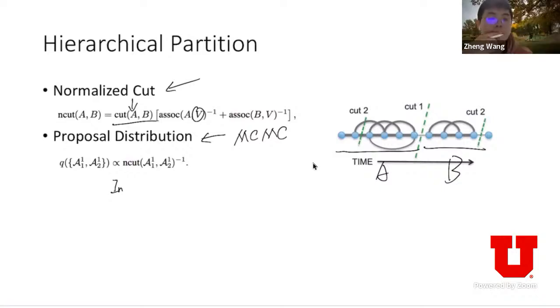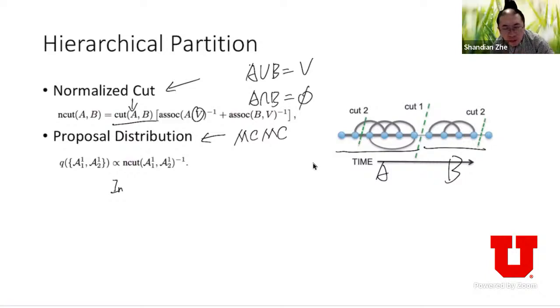Yeah. A union B equals V, and A intersect B equals the empty set. So how do you compute the cut?